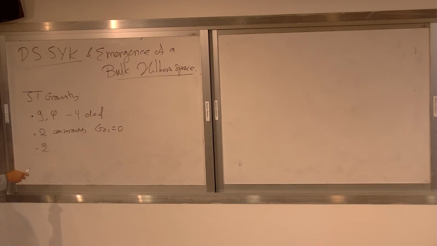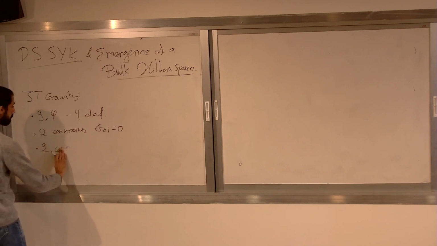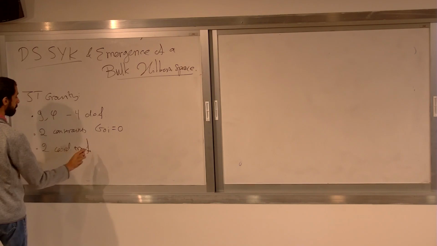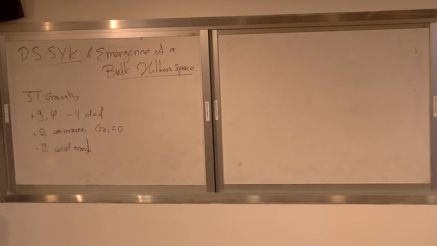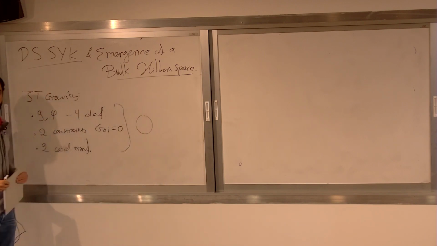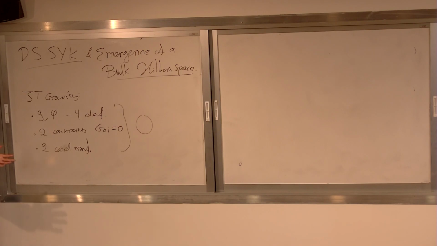And you have diffeomorphism invariance, so 2 coordinate transformations that you can do. So we started with 4. We can remove 2 degrees of freedom from constraints, and we can remove 2 degrees of freedom from coordinate transformations. So we have no degrees of freedom. What the hell is going on?